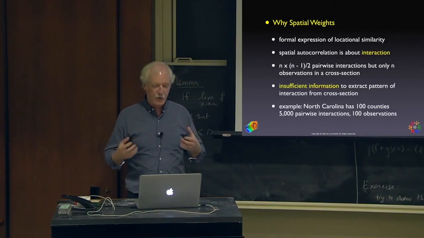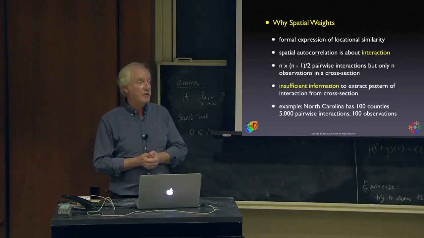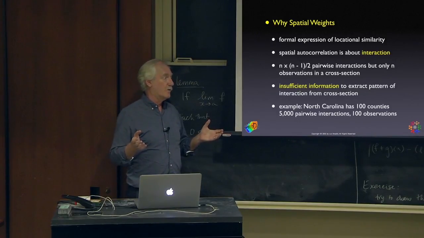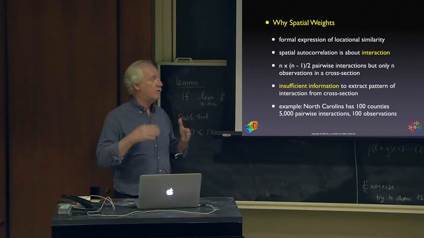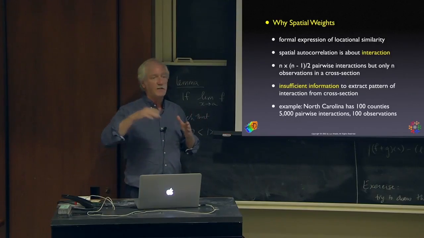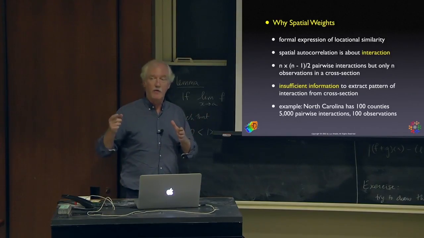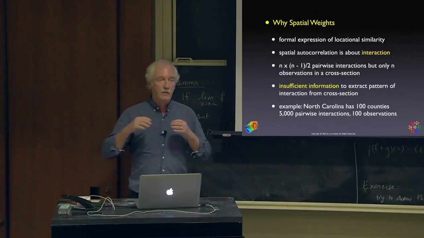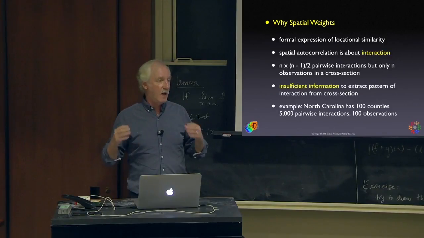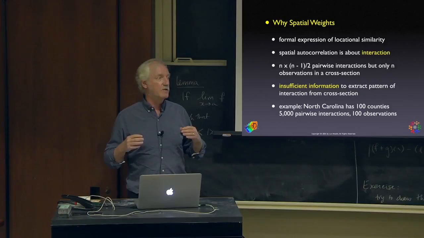So we need to get at the interaction. If there is interaction, there's too much, because the interaction is of a dimension of an order of n squared, the square of the observations, and your observations are of the order of n, the number of observations.